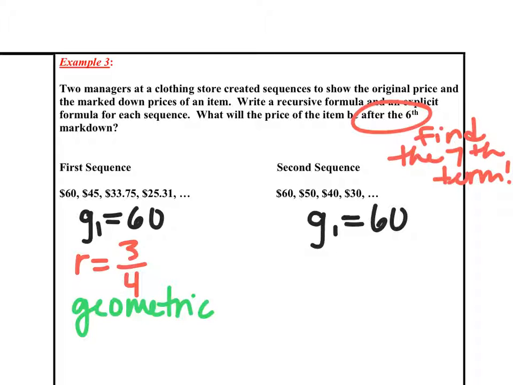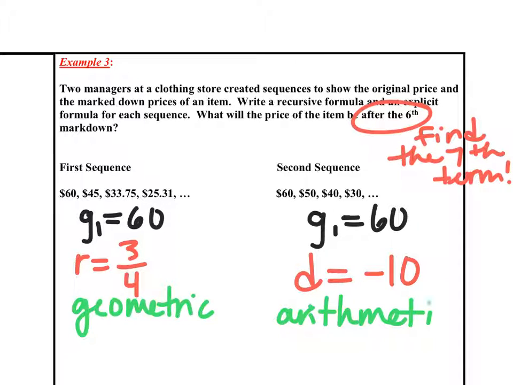Oh, not R. Bad. D. Because it's a common difference, not a common ratio. And this is arithmetic then. You need to write recursive and explicit for both of them.